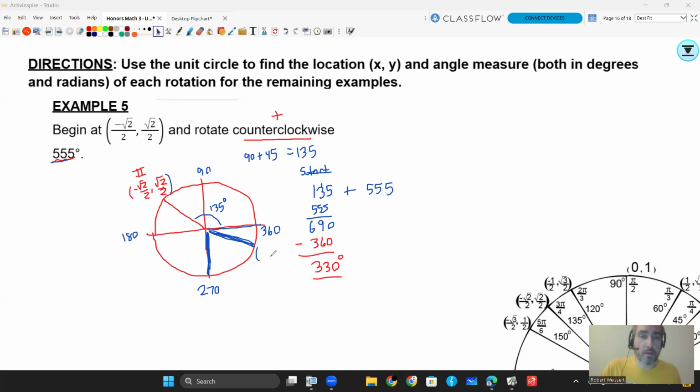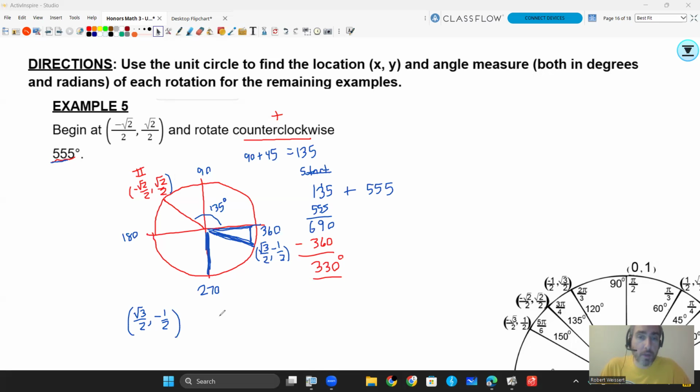So that coordinate, now notice the x value is a little bit longer here. So that coordinate is going to be the square root of 3 over 2. And then the y value is negative, so it's going to be negative 1/2. Remember, those two go together. So that's going to be my final coordinate. And then we just have to get the radians from there. So your final coordinate is going to be square root of 3 over 2, comma negative 1/2.